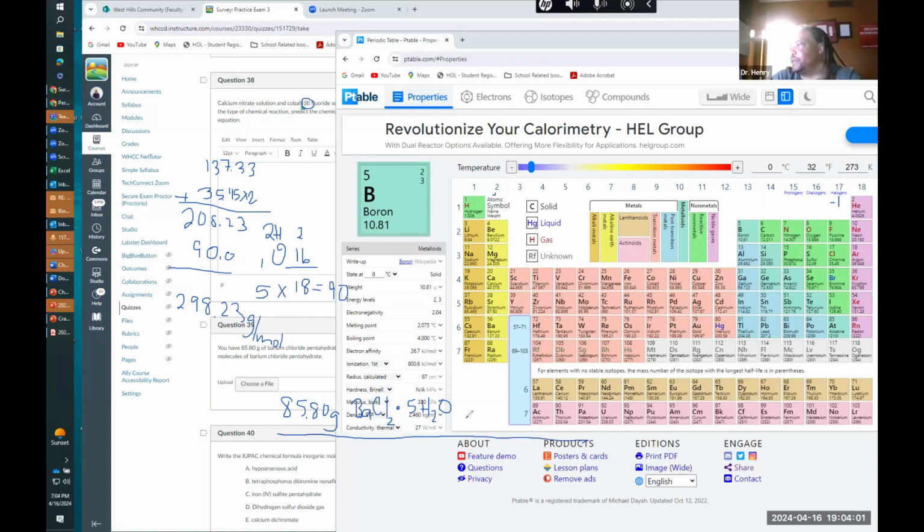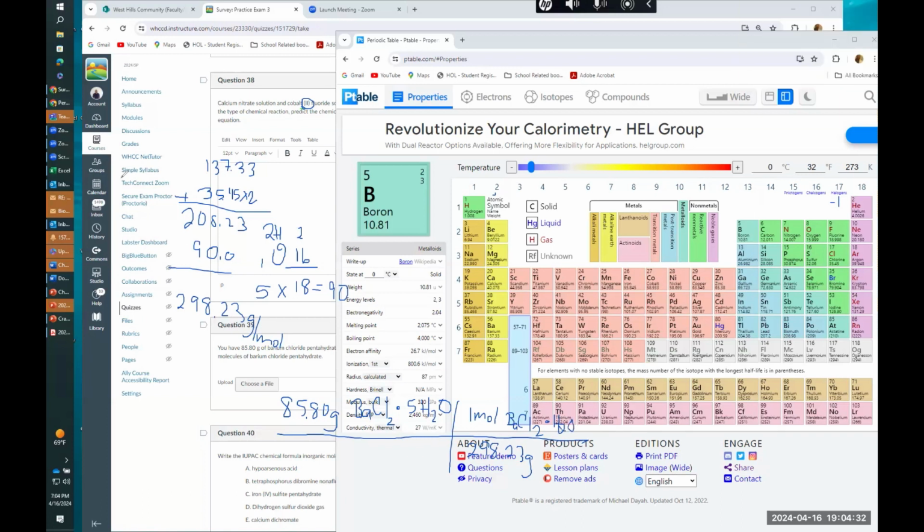So then what we'll do is divide by the grams. So that's 298.23, and that's grams of my barium chloride, and then that's 1 mole. And that's BaCl2 dot 5H2O.